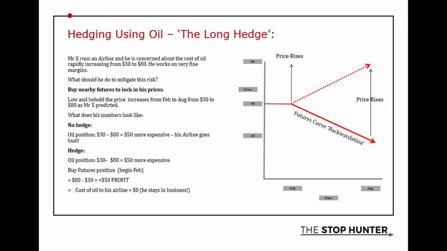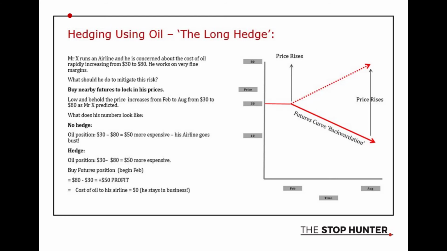So we know that Mr. X bought those nearby futures to lock in his prices, and if he didn't hedge, the oil position went from $30 to $80. That's $50 more expense that he has to factor into that ticket price, and his airline probably goes bust.